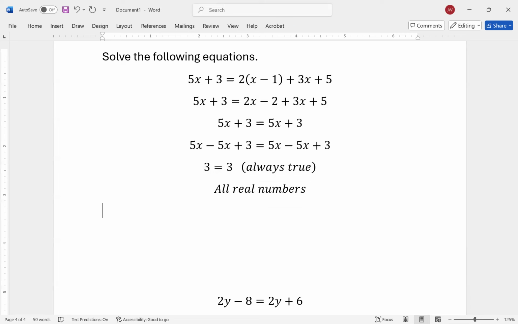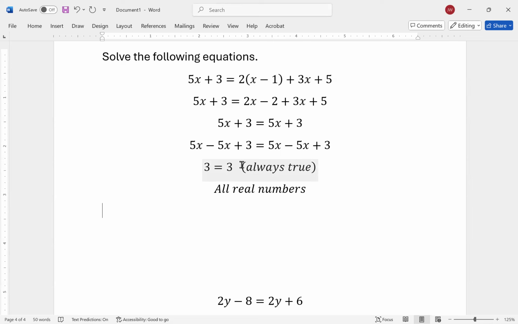Every real number you plug in for the variable x will lead to a true statement. It won't always be 3 equals 3, but it will be some true statement. So all real numbers is the solution.